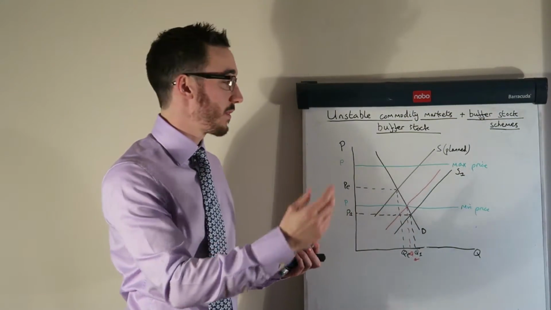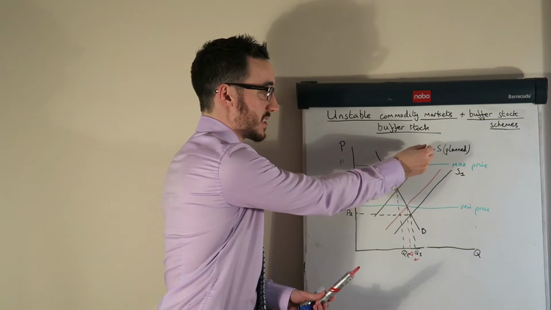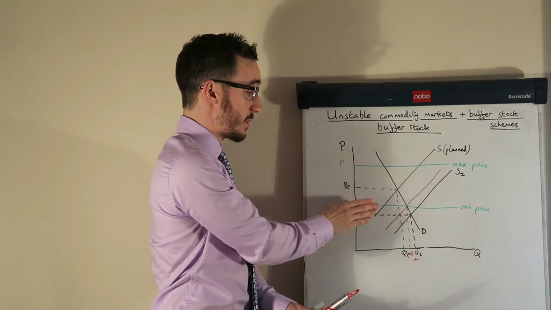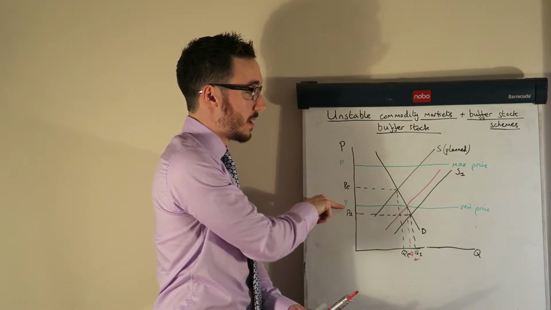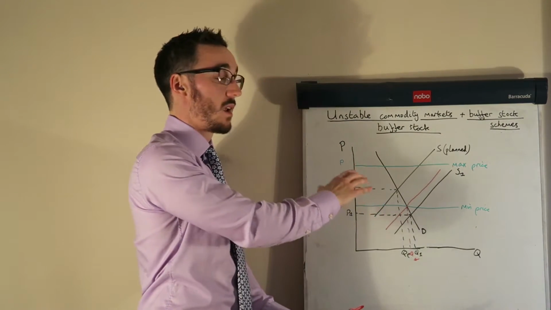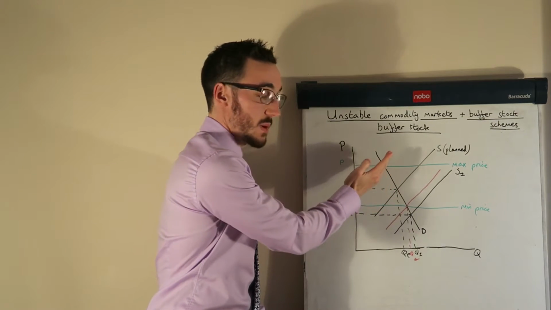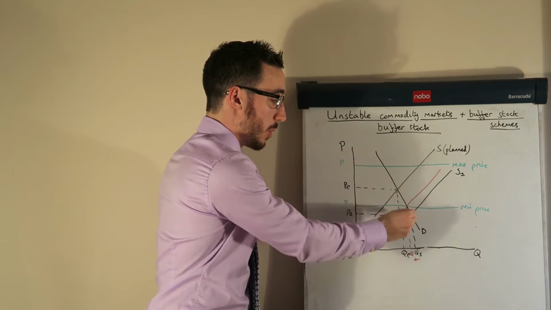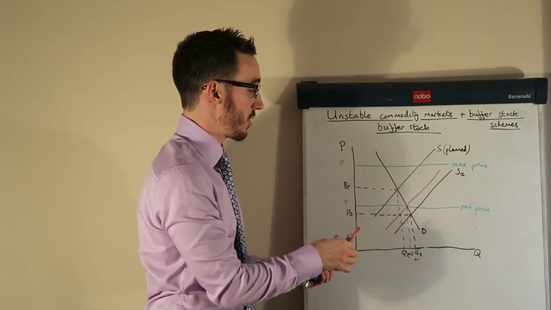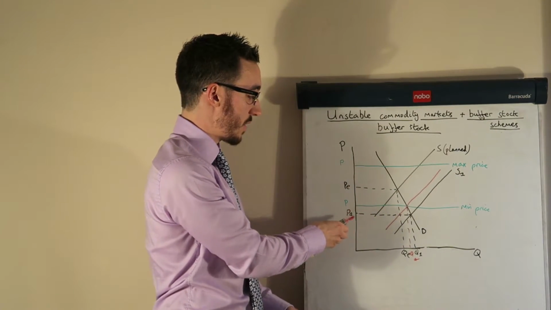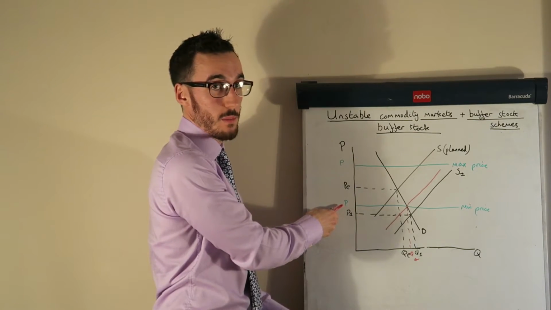So let's start again from the beginning. We plan for this supply, and the government has said we don't want it to go any further below the minimum price. But we've had a great harvest, lots being produced, supply shifts out to the right more than we are happy with, because the supply shift has caused a price decrease so far below what we're happy with as a minimum price.